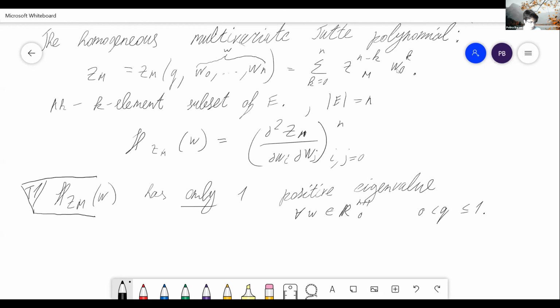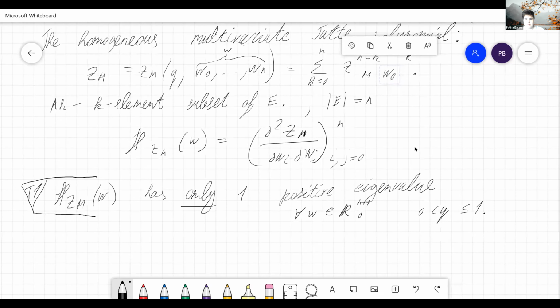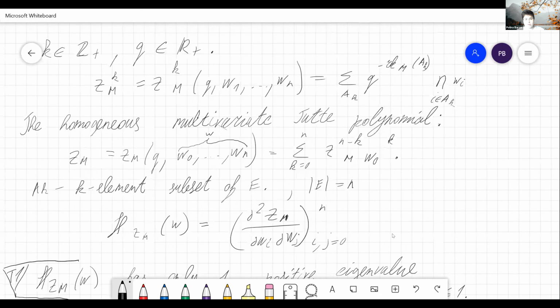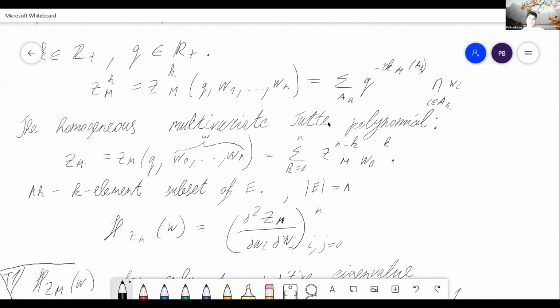Who is Q small here? If you recall, the way we define the Tutte polynomial required us to use some sort of a dummy variable Q, which is a parameter, which is used here, and then of course hidden here.